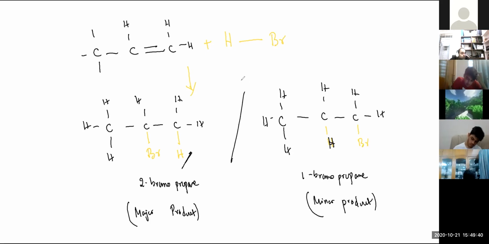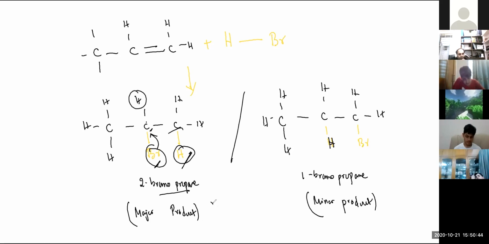Markovnikov's rule goes like this. When the halogen is bonded to a carbon, which is in turn linked to the least number of hydrogen atoms, that is our major product.